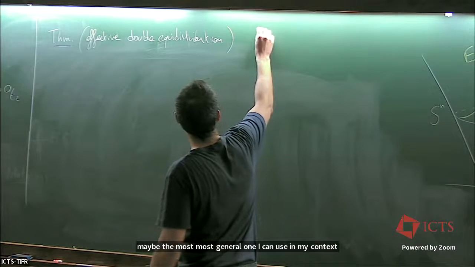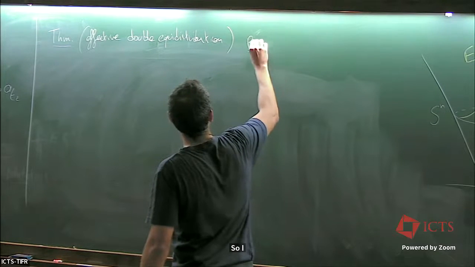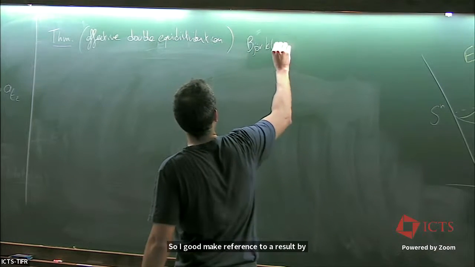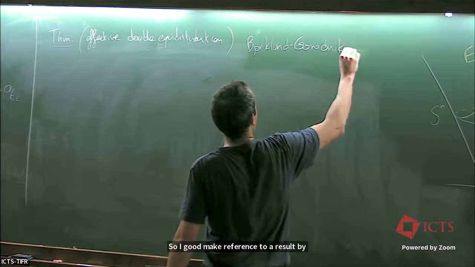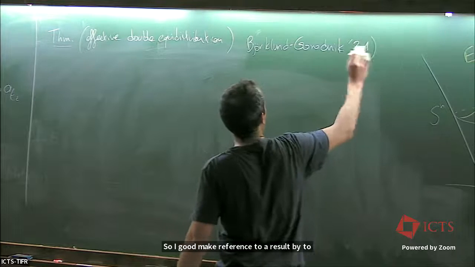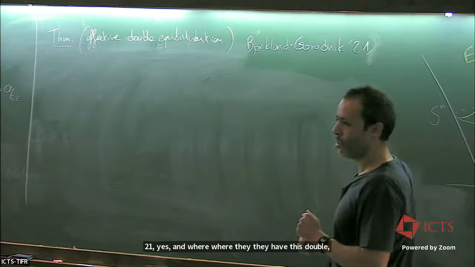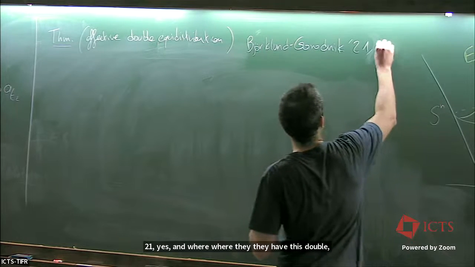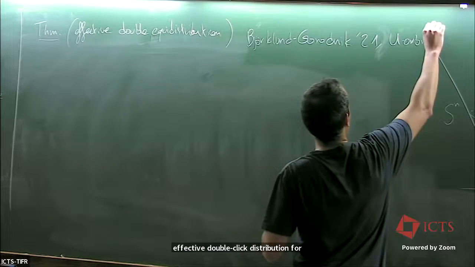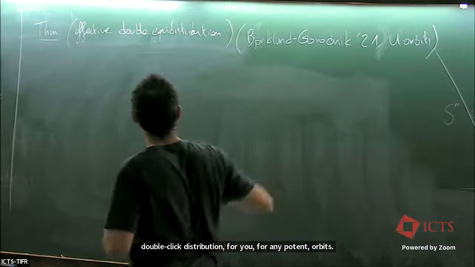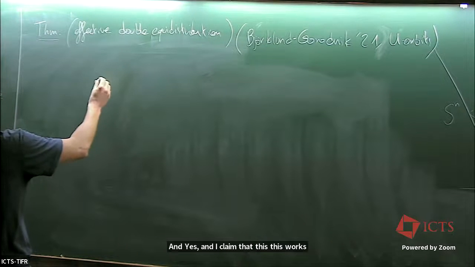I will make reference to a result by Björklund and Gorodnik, 21, where they have this effective double equidistribution for unipotent orbits. And I claim that this works also for K orbits.